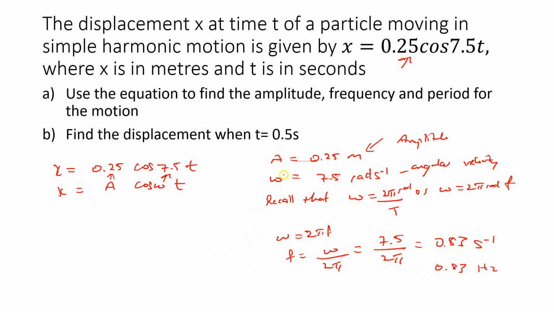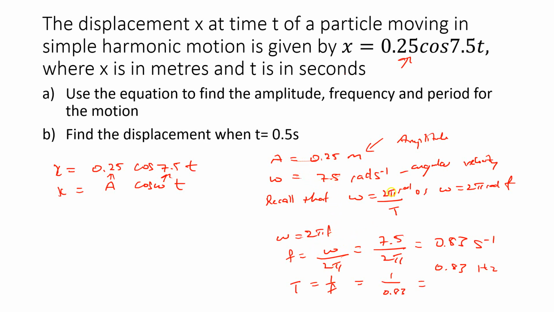So we have that. It also says find the period. You should remember that period T is equal to 1 upon f. Having the frequency information, so 1 divided by 0.83, that's going to give us the period. Let me just confirm. I think it's the other way around.